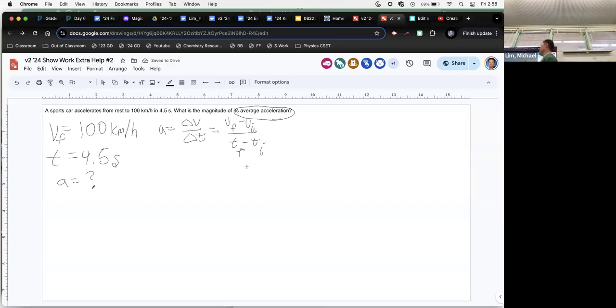That's what that triangle means. Every time it means subtraction. Sometimes you can ignore the VI and the TI because that's usually 0 unless the problem says so. And our problem doesn't say the car is moving. It says at rest, right here. So VI is going to be 0.